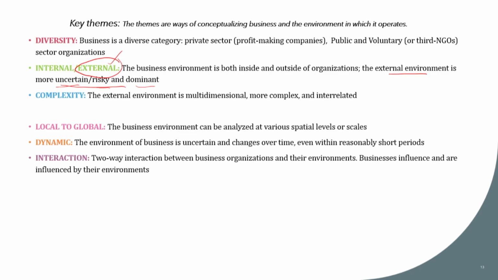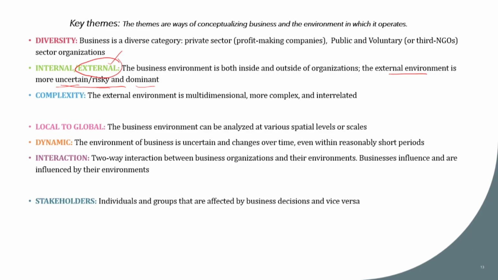Maybe the discussion we started with, saying that external environment is there and businesses work in that environment, is not quite right. It's actually a two-way interaction. Businesses influence the economic environment, political environment, legal environment, and similarly all these environments also influence the businesses.